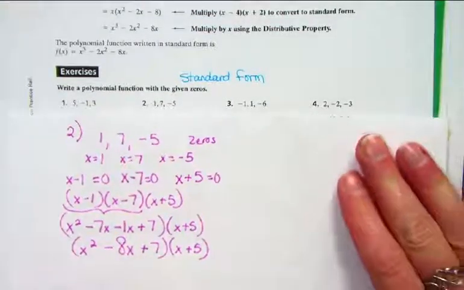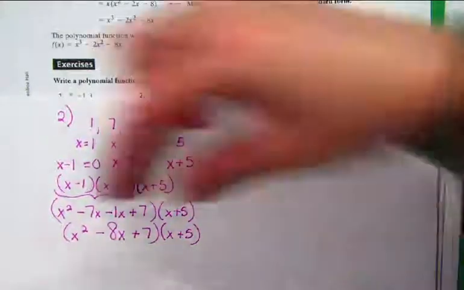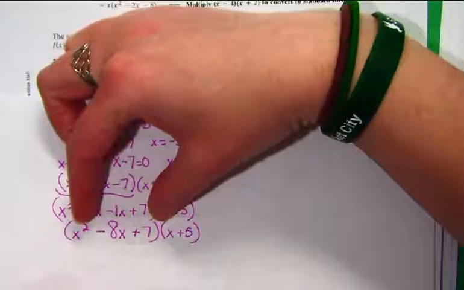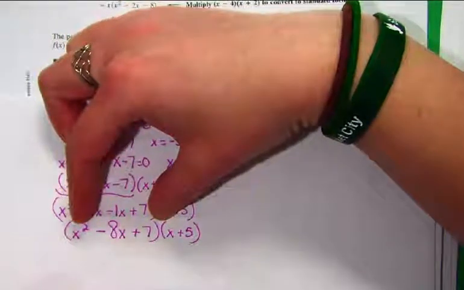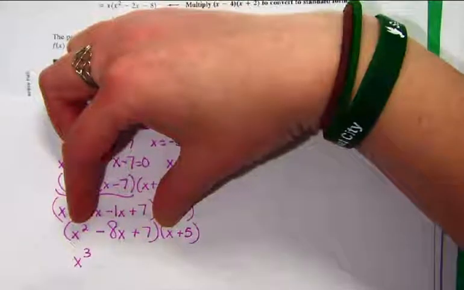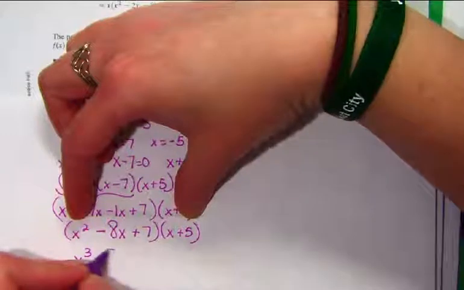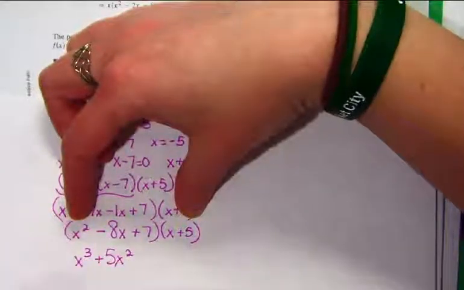And now when I multiply this by x plus 5, I'll again go through and make sure I'm multiplying every term together. So I have x squared times x, x to the third. x squared times a positive 5, positive 5x squared.